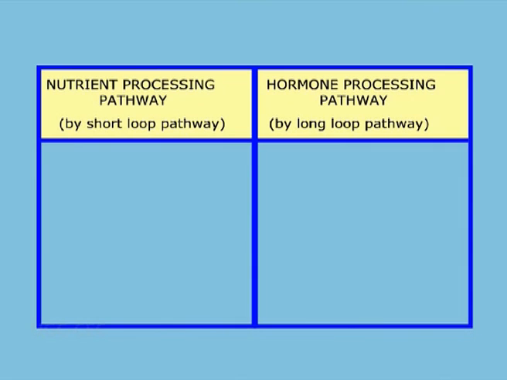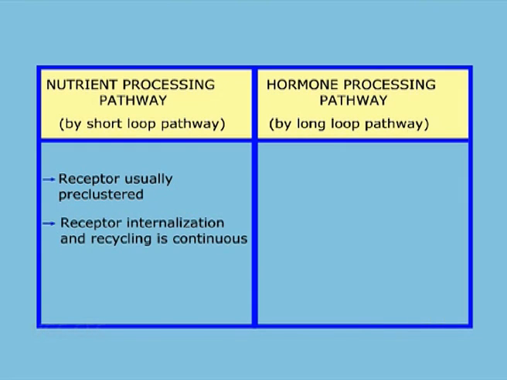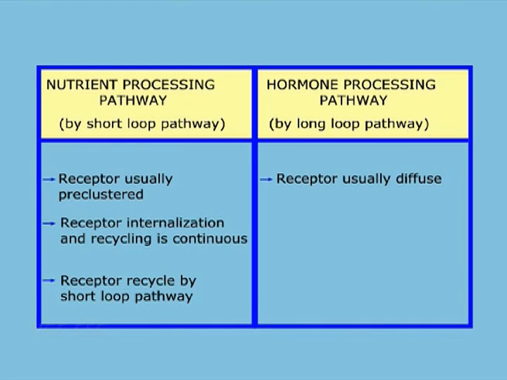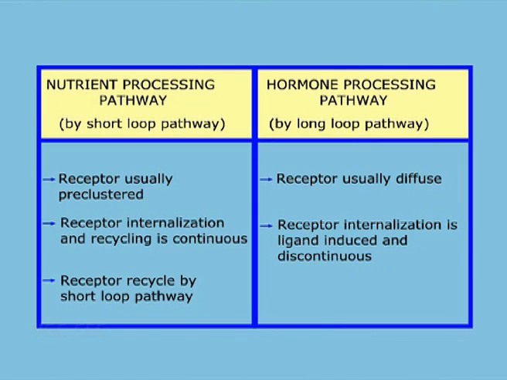As for example, in the nutrient processing pathway, the receptors are usually pre-clustered, their internalization and recycling is continuous, and they recycle by the short loop pathway, whereas in the hormone processing pathway, the receptors are usually not pre-clustered but diffuse. Their internalization is ligand-induced and discontinuous, and they recycle by the long loop pathway.